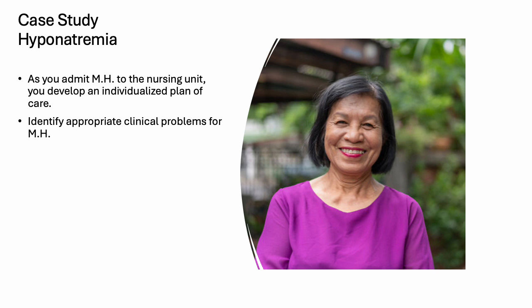So we're going to admit MH to the nursing unit, and you are going to develop an individualized plan of care, and we're going to identify some appropriate clinical problems for this patient. So what are some of the things that we're going to think about when we put together a care plan for our patient? Well, we know diarrhea and water can cause some electrolyte imbalance, so we're going to use that.